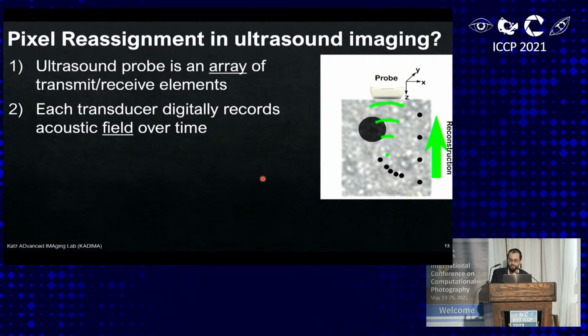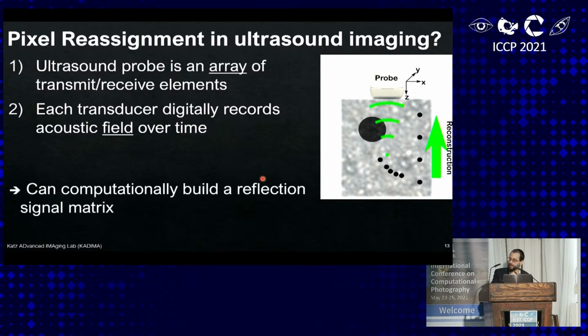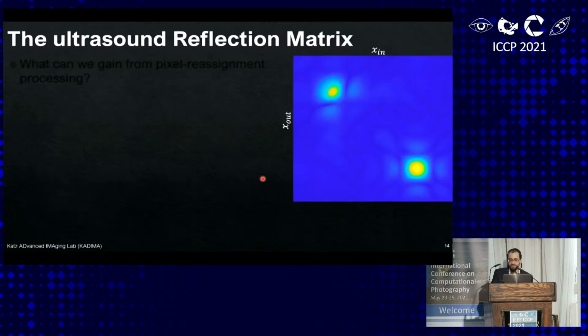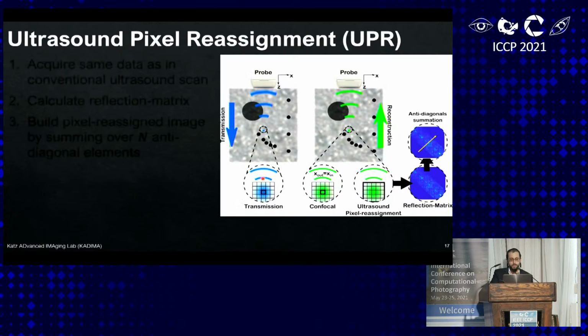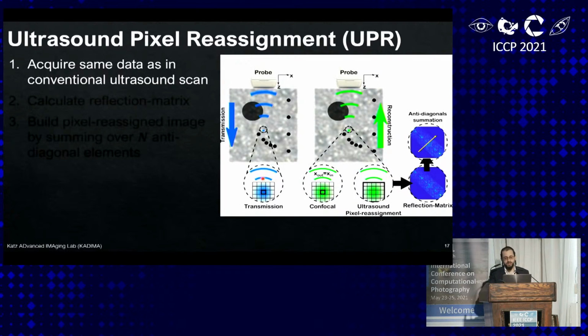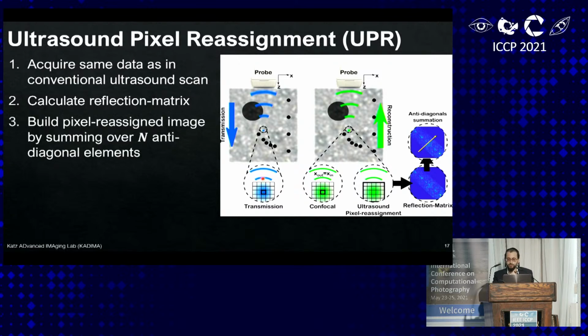So using that data, we can offline calculate the reflected signal matrix, and as we have it, the diagonal elements are the confocal image, but now pixel reassignment processing can be done. So first, data acquisition, as I said, is identical to confocal scan in ultrasound, and that data is used to calculate the reflection matrix, and then an image is formed by summing over n anti-diagonal elements.